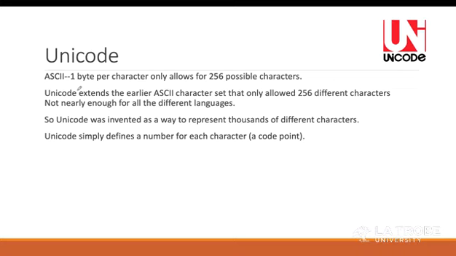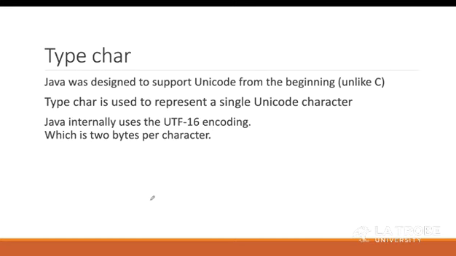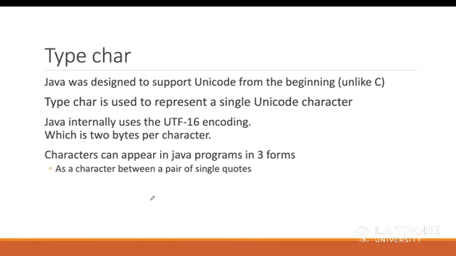Unicode can represent thousands of different characters. It simply is a number for each character. Java uses Unicode to support its characters. So any char is used to represent a single Unicode character. Java internally uses UTF-16 encoding.